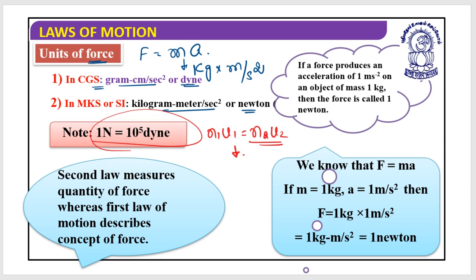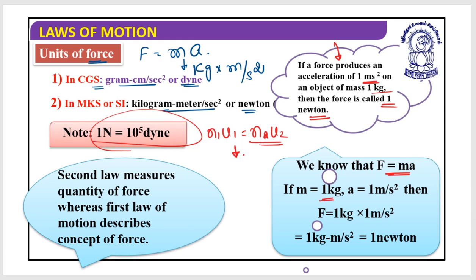Now, how can I define 1 Newton? What I can say is that if a force produces an acceleration of 1 meter per second square on an object of mass 1 kg, then the force is called 1 Newton. We know that F is equal to ma.